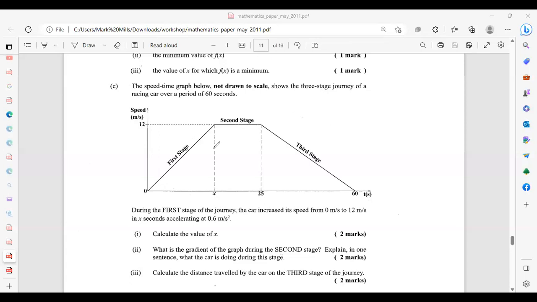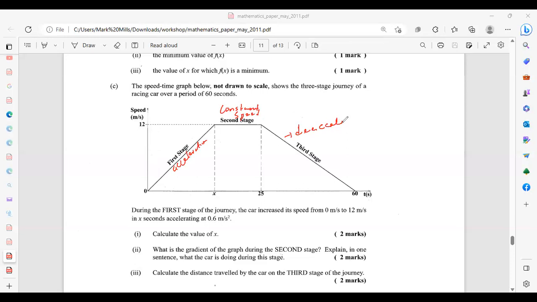This first stage, we call it acceleration. This stage 2, we call it constant speed. Stage 3, we call it deceleration.